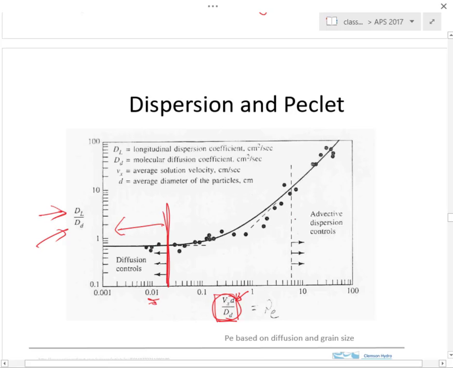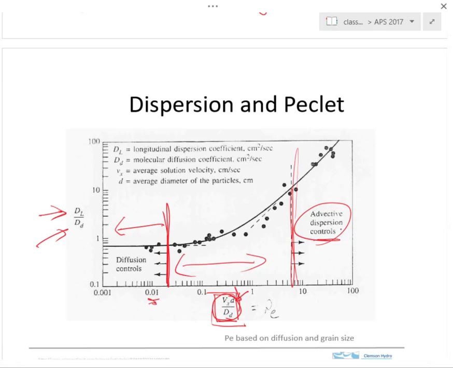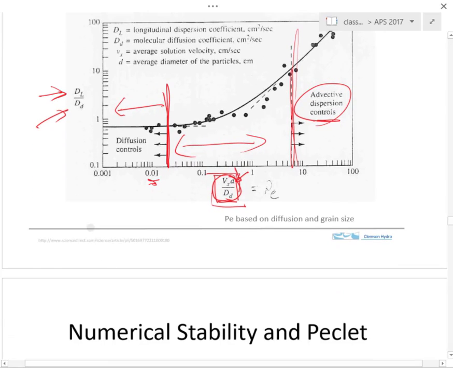At values greater than about 10, it's going to be dispersion that is controlling, and then there's some kind of middle ground here. So that's the result that you get for Peclet number defined in this way. Where the dispersion is controlling, you would maybe want to consider using a Peclet number based on the dispersion constant.